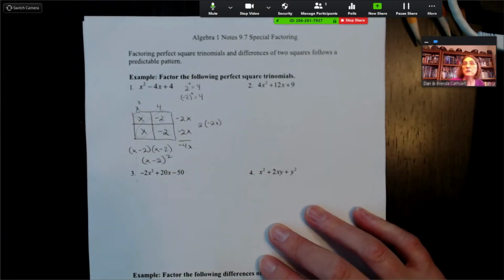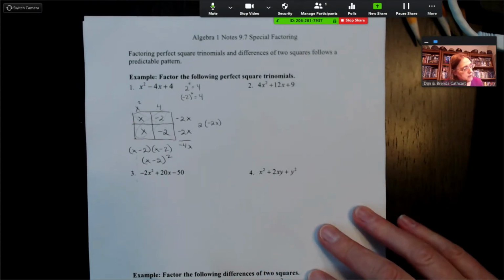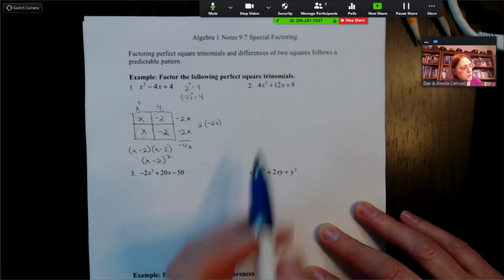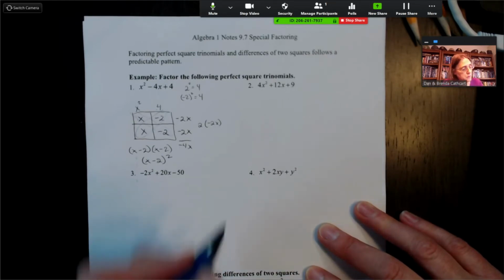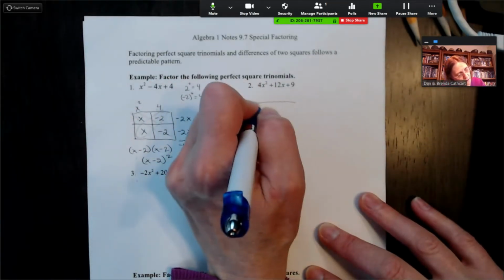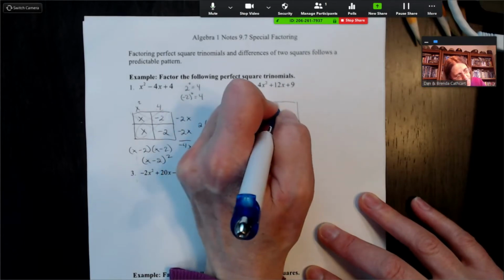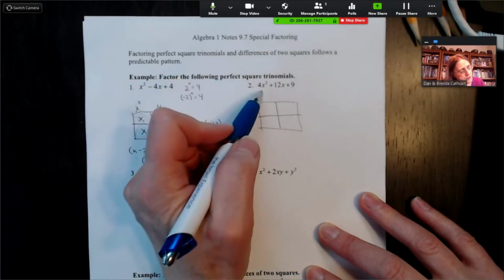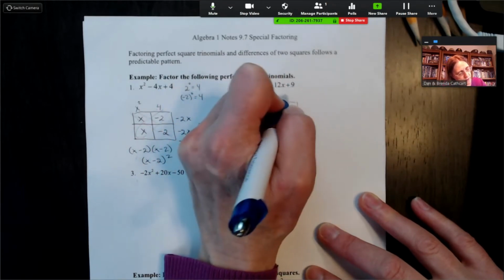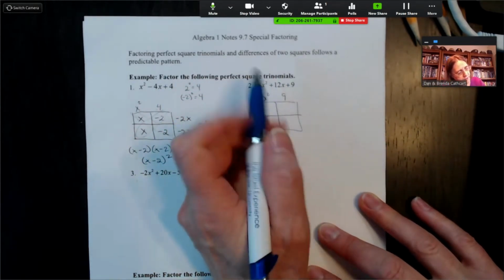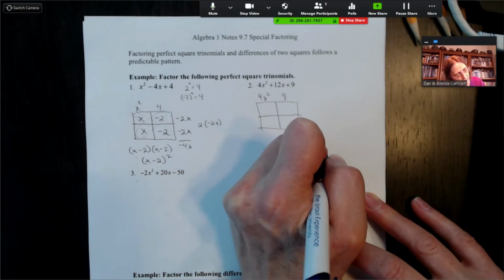Let's see if we can do another one. Let's go ahead and do it with the square once more, and then we'll see if we can do them without the square. As we look at our square, our first term is 4x squared, our last term is 9, and our goal is a middle term of 12x.